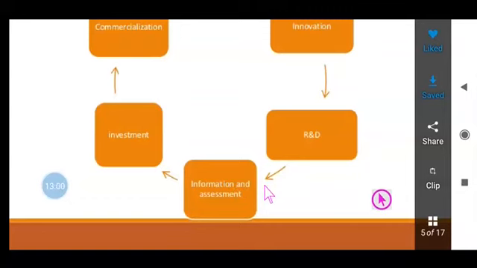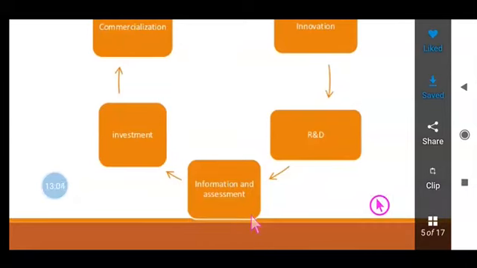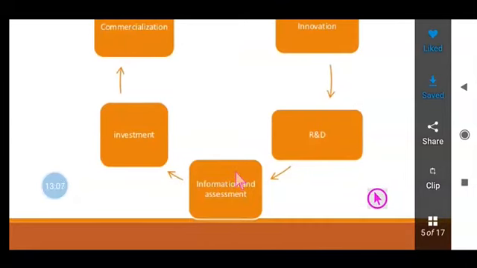This information needs to be assessed thoroughly by the researchers so that a fruitful and concrete conclusion will be there.